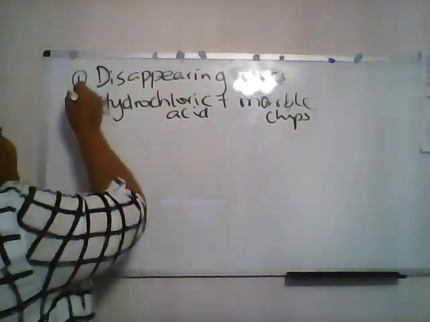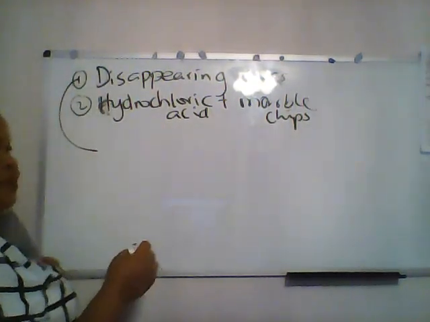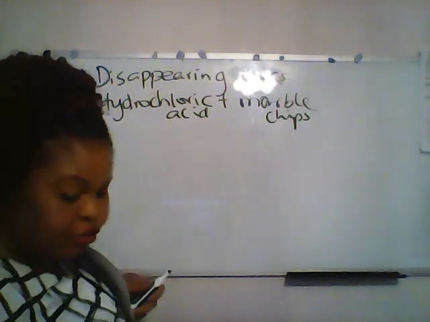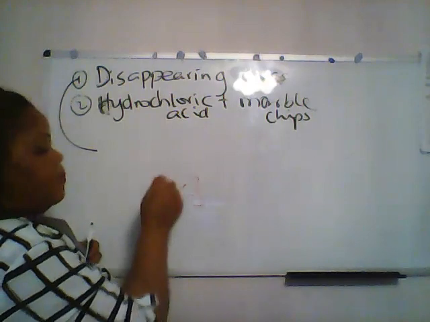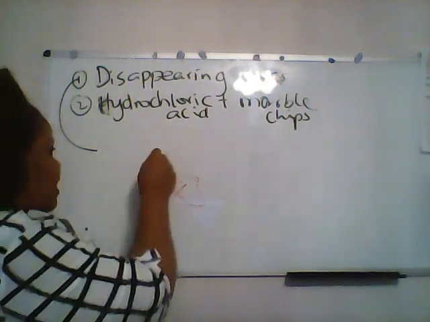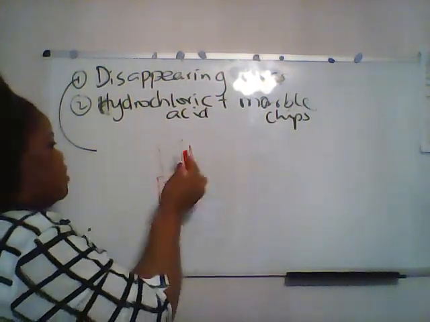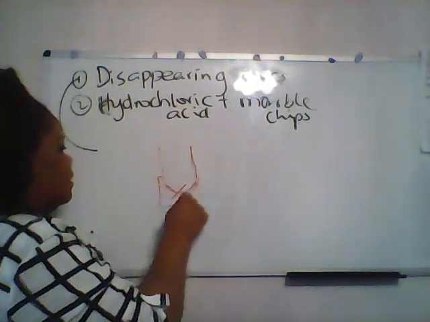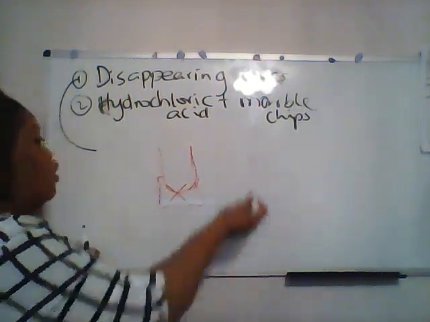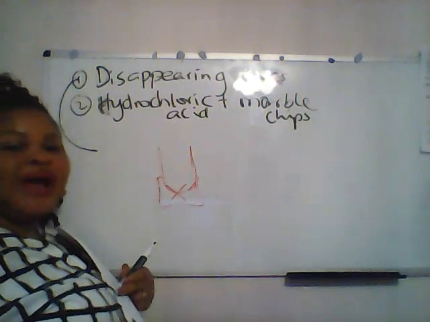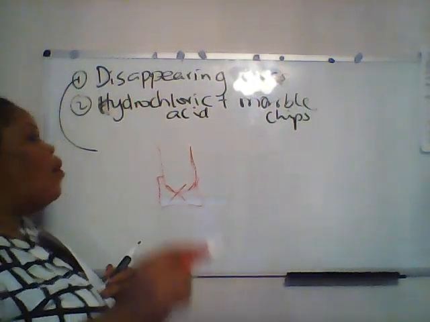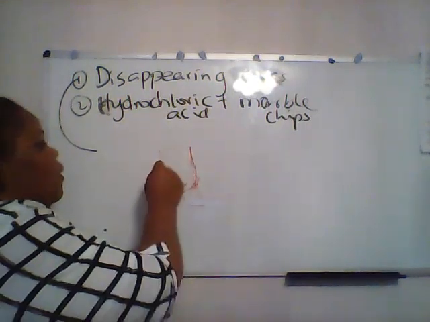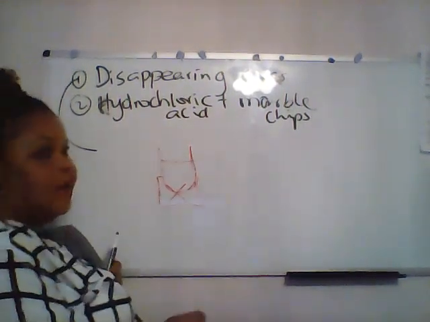Now, if you remember that experiment, your teacher marked a cross on a piece of paper and placed a clear beaker on top of that cross. When you look through the beaker, you can clearly see the cross. Then your teacher would put in the two liquids.